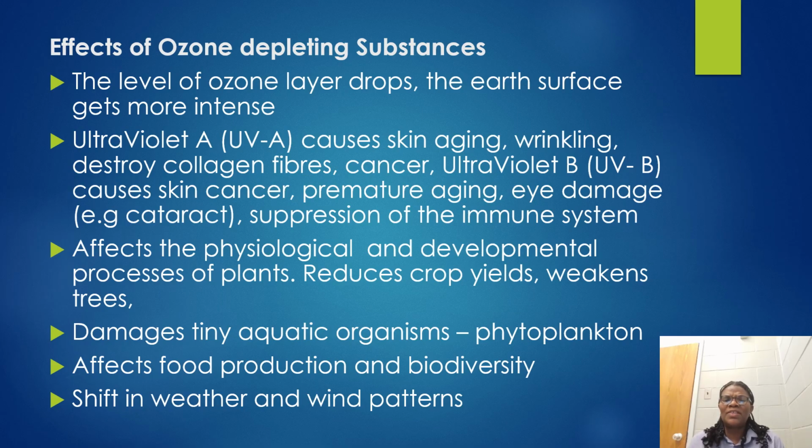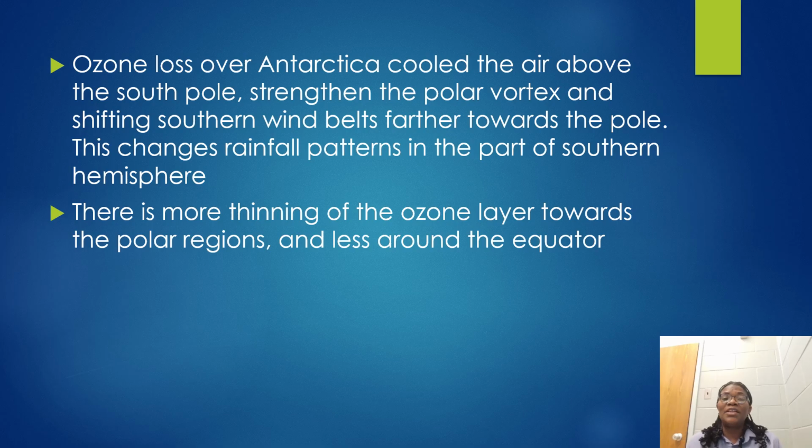Then another thing is that the ozone depleting substances also affect the atmosphere by shifting the weather and the wind patterns. What happens is that when there is ozone loss, for example, at the Antarctica pole, the Antarctica pole is the southern part, the southern pole.